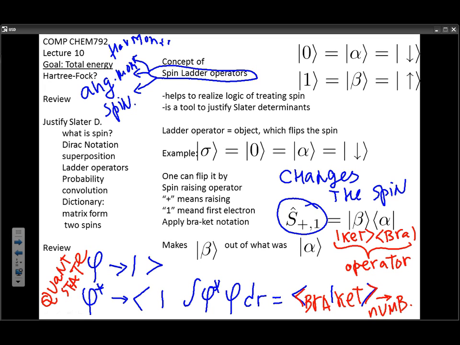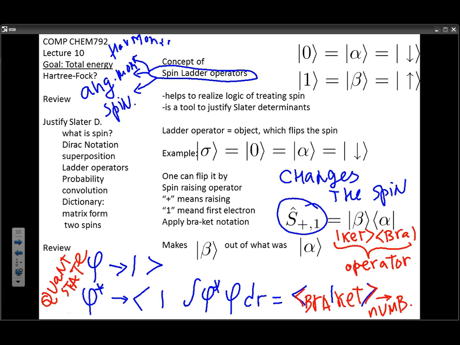This is a very simple, very nice toy that maybe looks ugly at first glance, but as soon as you write it once, you will not forget it for the rest of your life and you will enjoy it. So it makes many calculations much simpler.